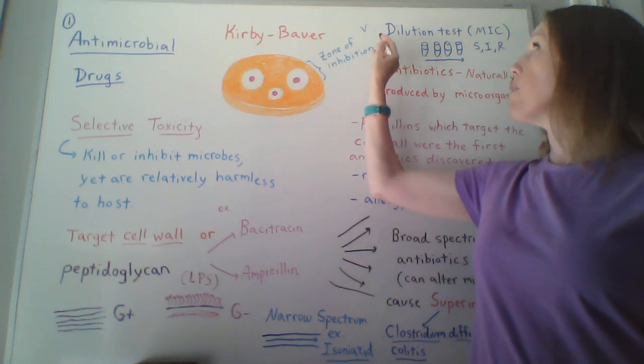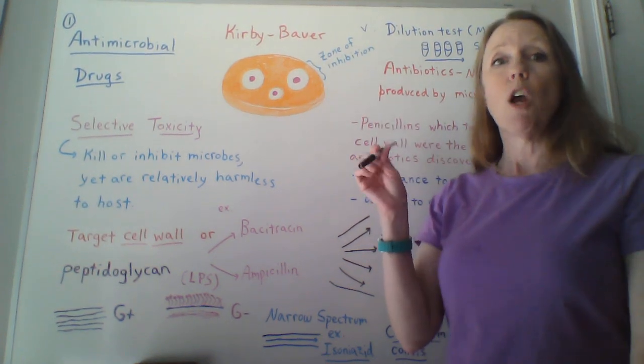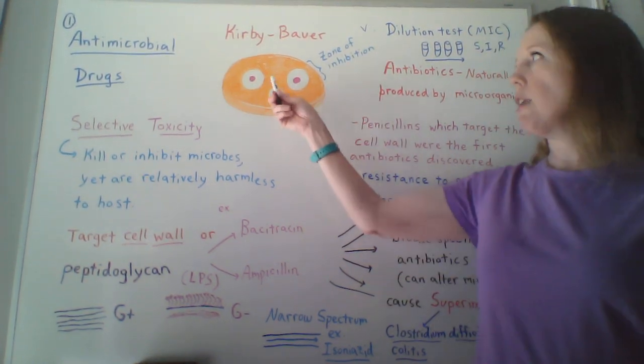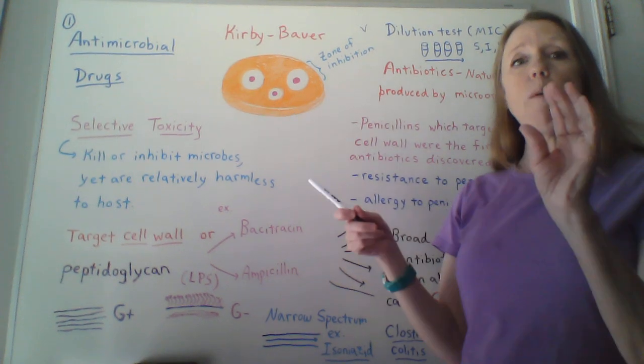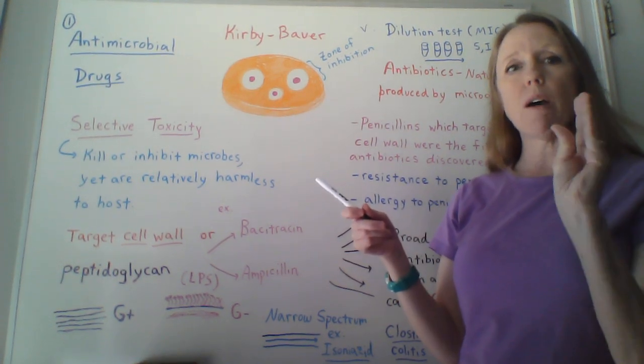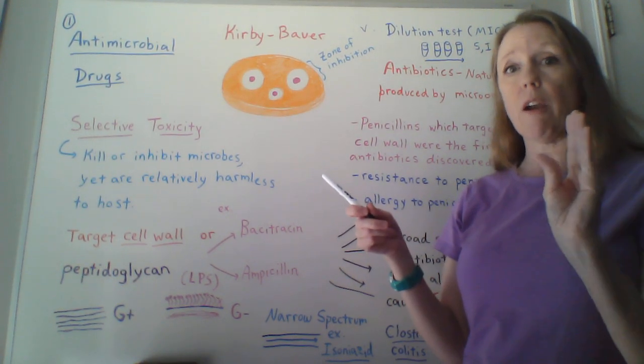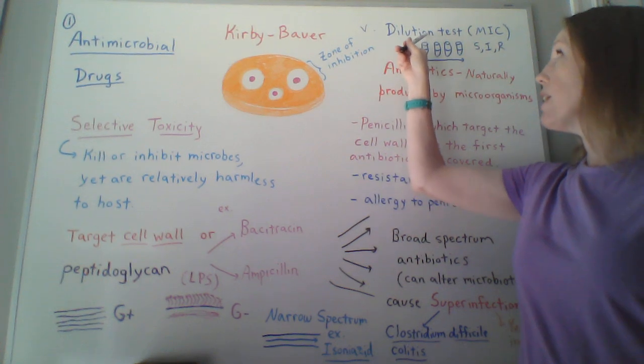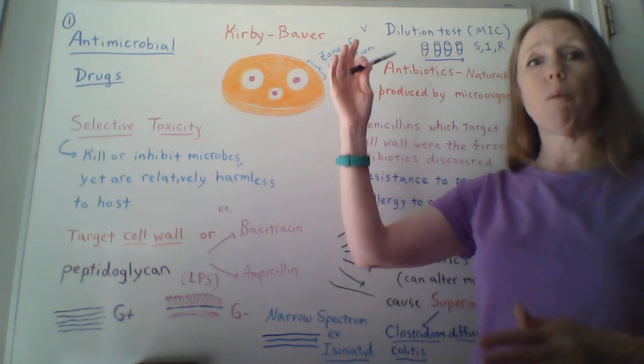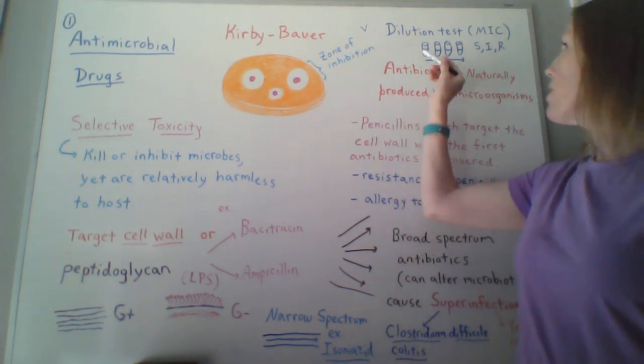The other thing we do a lot is called a dilution test. We take several test tubes, so this is kind of the opposite of Kirby-Bauer, and we put in a certain amount of antimicrobial in there. And then we add an exact amount of bacteria or whatever the pathogen is and see what the effect is.